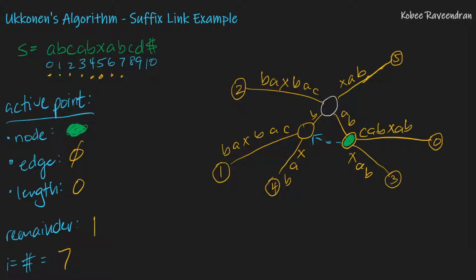And again, since we didn't add a suffix in this iteration, I will increment the remainder to become 2. Alright, so that's it for this iteration. I can go on to the next one, which is 8.